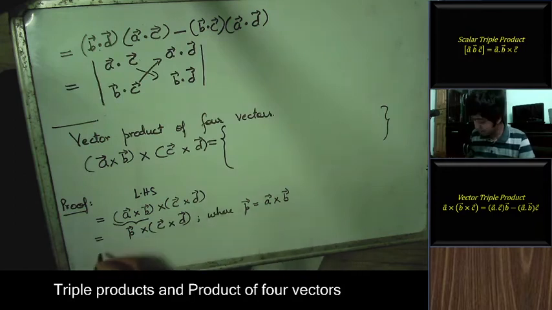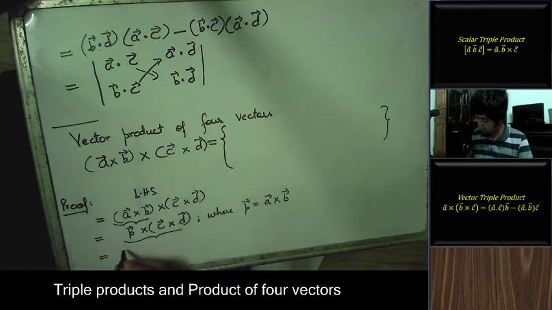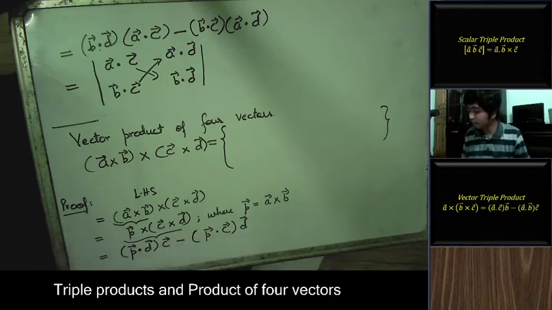Now again, if you notice this one, it is the vector triple product as given by the formula below. So you can write this one as P dot D C minus P dot C D. Okay, so this is what we will be having.